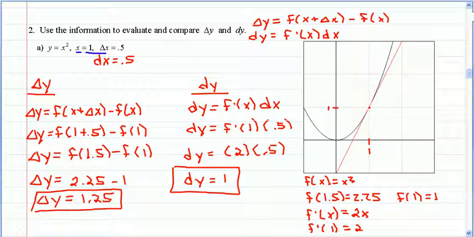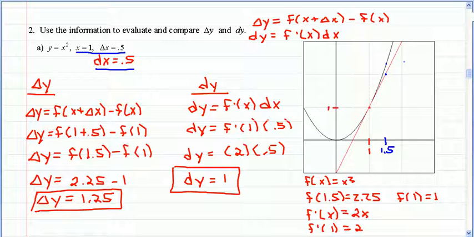Since our delta x and our dx was equal to positive 0.5, and our x was equal to 1, that means that we're approximating the value at 1.5. So the y-coordinate that corresponds to 1.5 on the actual function is right about here, and the y-coordinate that corresponds to 1.5 on the tangent line is right about here.